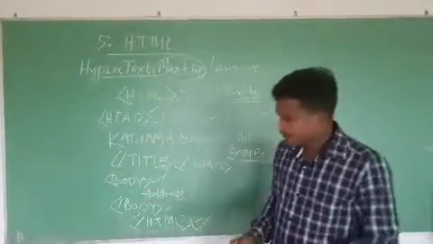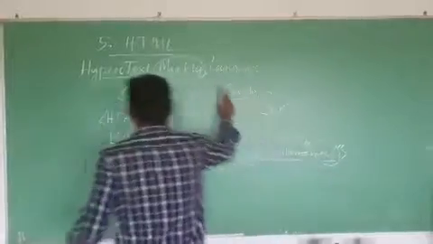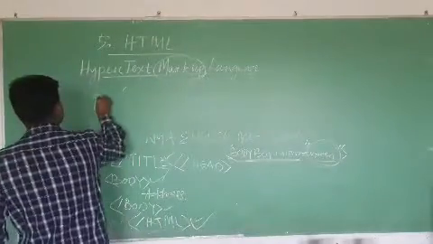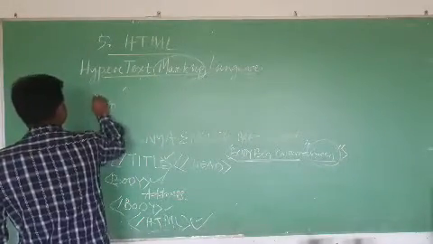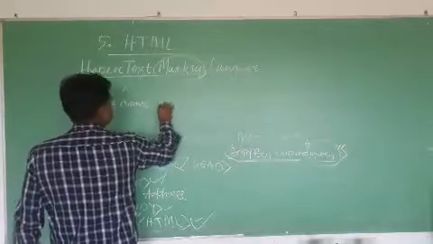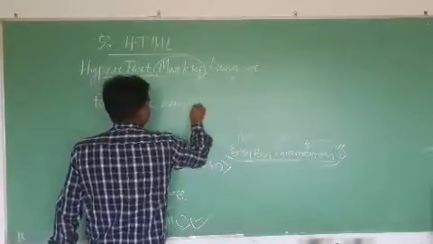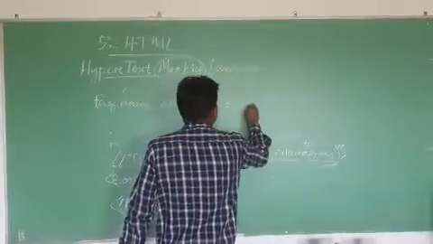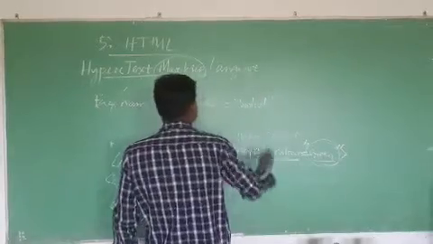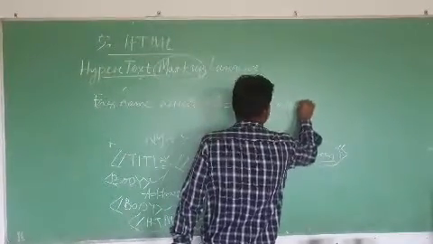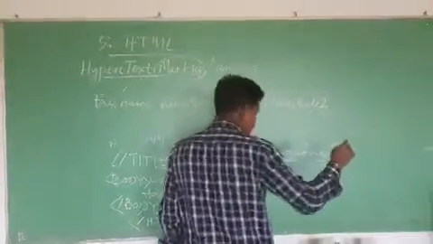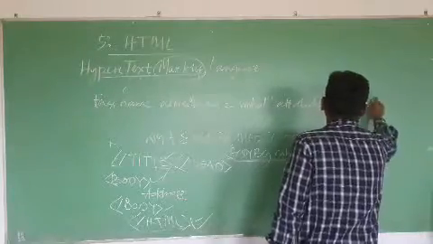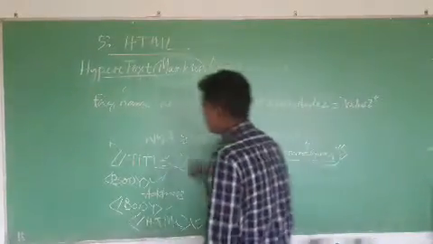We can write it like this: tag name, space, attribute 1, equal sign, value 1, then space, attribute 2, equal sign, value 2. Like this.